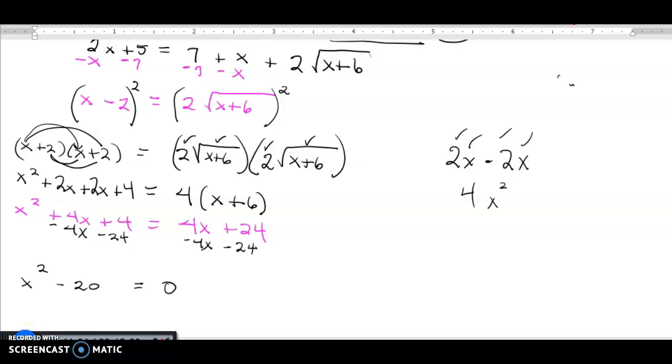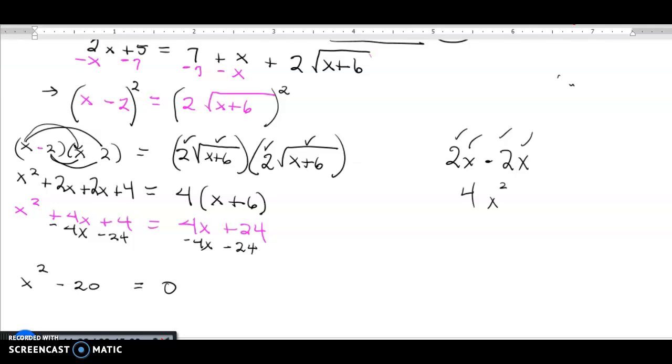I see I made a small error, guys. When I wrote down x minus 2, I should have written x minus 2 times x minus 2. I wrote x plus 2. So let me go back and let's just fix that real quick.